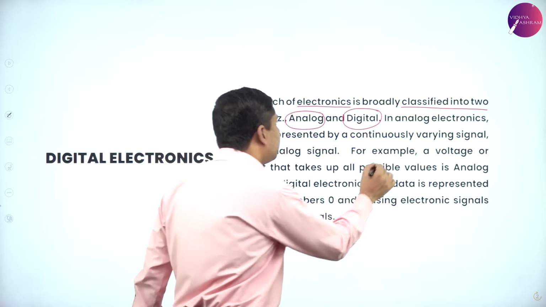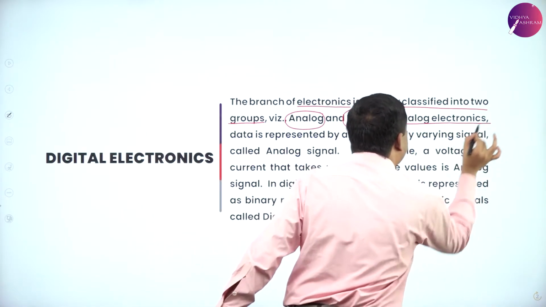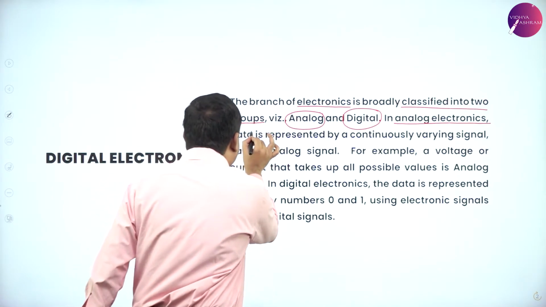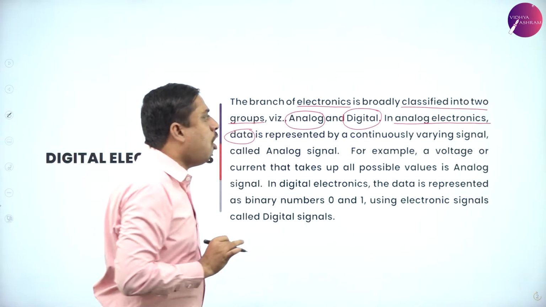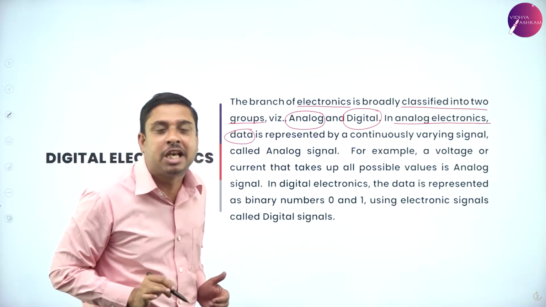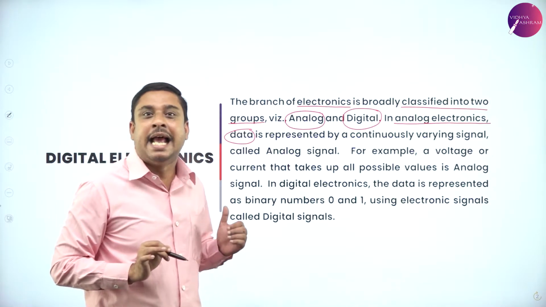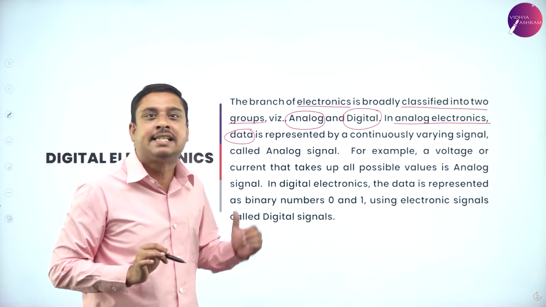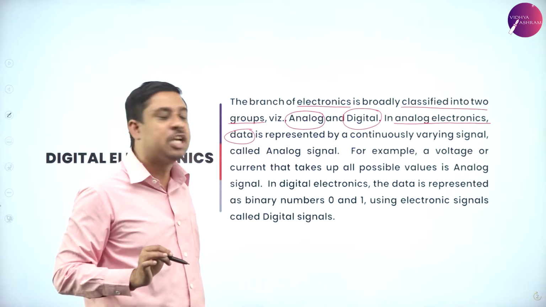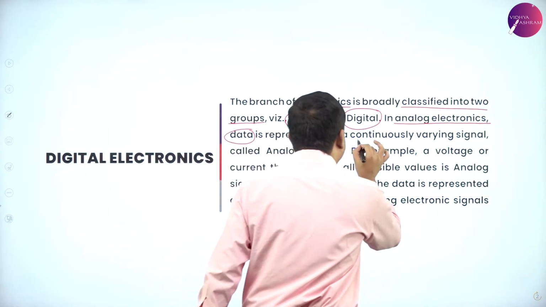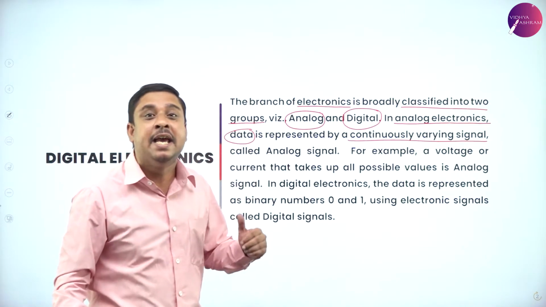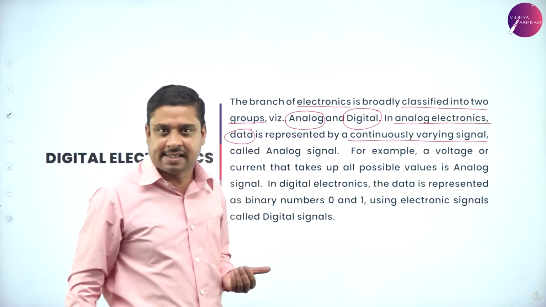Dear students, in analog electronics, data, or what we call information, in analog electronics, data, which is the information, is represented by continuously varying signals.